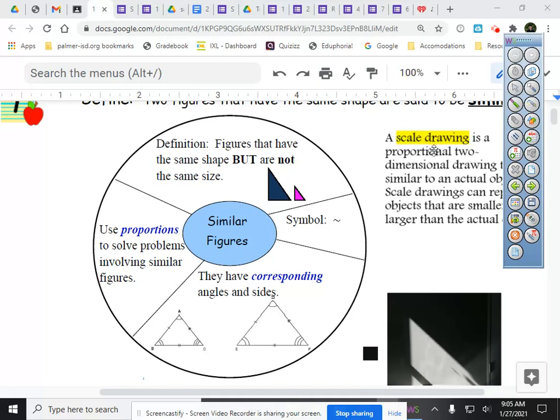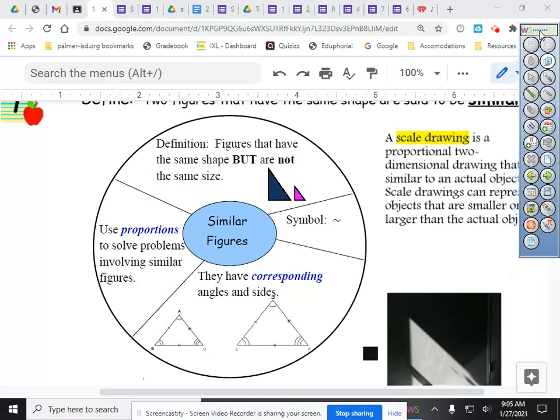I'd like you to read along with me. A scale drawing is a proportional two-dimensional drawing that is similar to an actual object. Scale drawings can represent objects that are smaller or larger than the actual object.